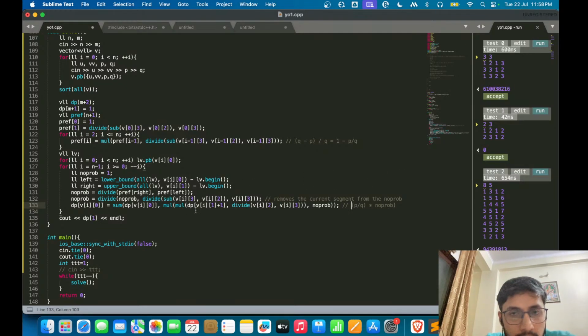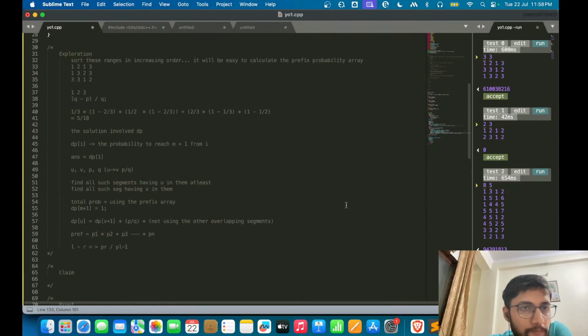And here you can see that they are being multiplied, and I already told you that dp of i plus 1 will be multiplied by this. So basically this is the v plus 1 from the UV example here.